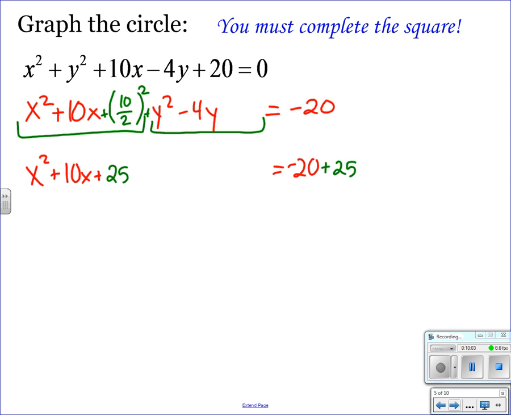Now, for the y's, for completing the square, I take the 4, I divide it by 2, and I square it. So simplifying that out, 4 divided by 2 is 2, squared is 4.